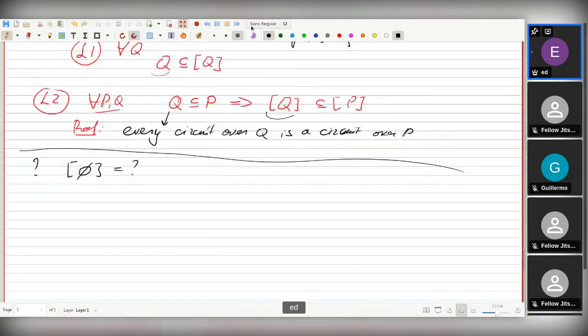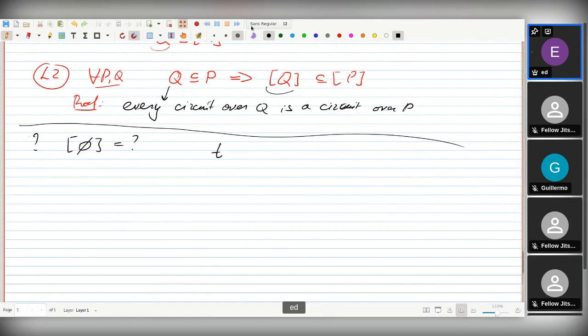In fact, it does. Consider this circuit. T1 assign x37. What is it? Oh yes, it does. This is a circuit over the empty set of functions, over whatever set of variables, in fact, just including x37.